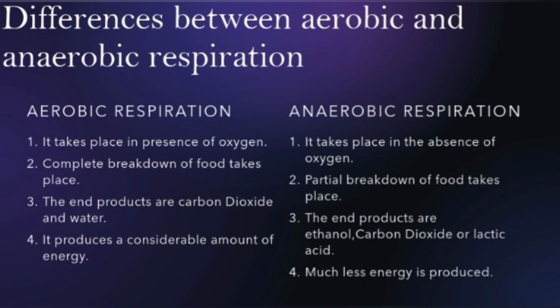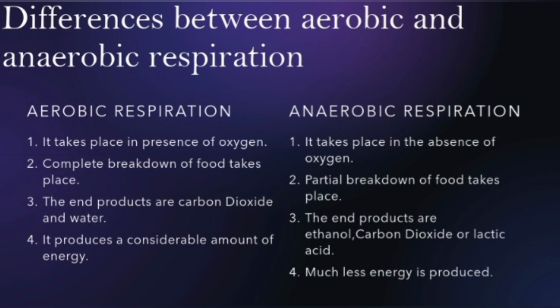Here you can see the first difference is that aerobic respiration takes place in the presence of oxygen, whereas anaerobic respiration takes place in the absence of oxygen. In aerobic respiration, complete breakdown of food occurs, whereas in anaerobic respiration, a partial breakdown of food takes place.